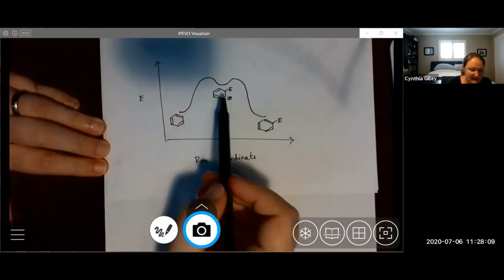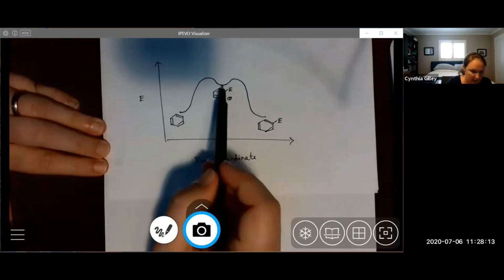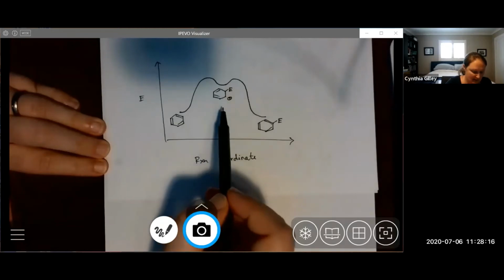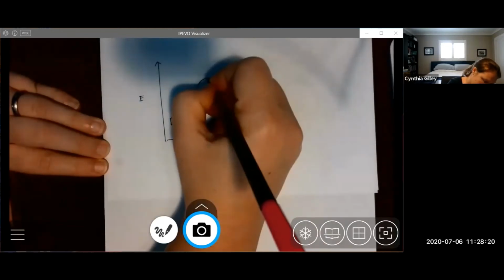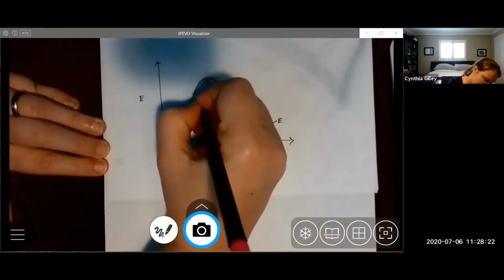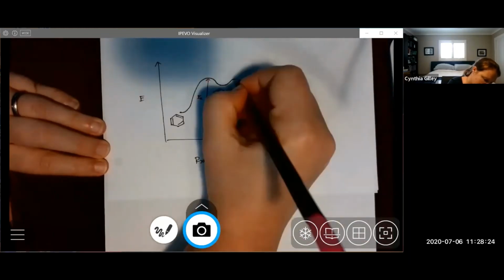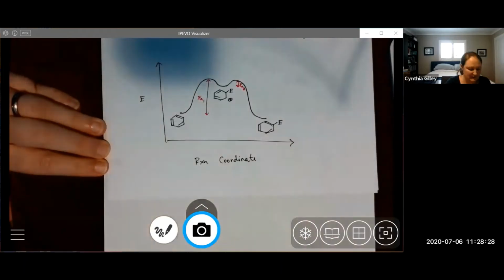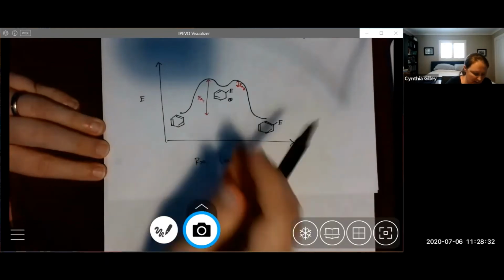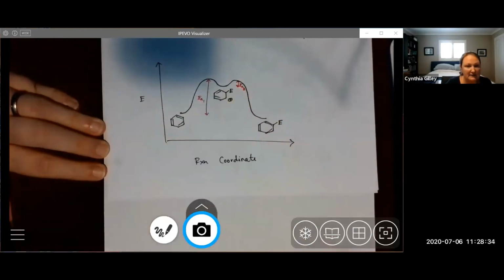However, it is still resonance stabilized, and the more resonance stabilized it is, the lower energy this intermediate gets, which means that the activation energy, which is this one, definitely the larger activation energy. So this is the rate determining step, and it will be lower the more stable this is.